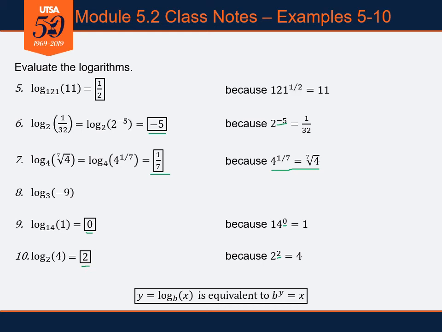In other words, 121 to the 1/2 power is 11. So a base of 121 to a power of 1/2, which you know means a square root, gives me a result of 11. So my power then, my logarithm, is 1/2.